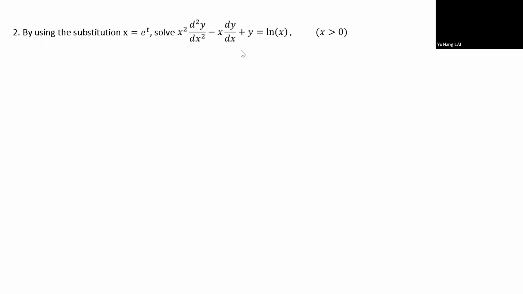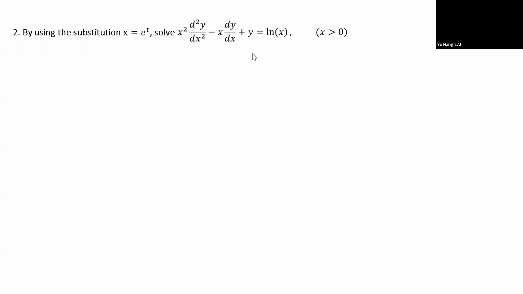Because for this one, even if the right hand side is 0, even in the homogeneous case, we also cannot just use the auxiliary equation to solve for the solution, because these are not constant coefficients.